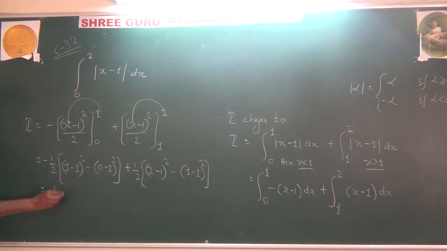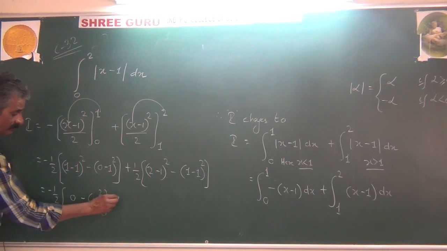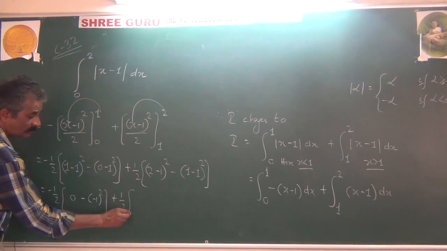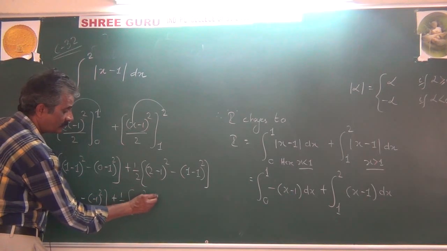Minus 1 by 2 into 1 minus 1, 0, 0 square, 0. 0 minus 1, minus 1 square. Plus 1 by 2 into 2 minus 1, 1 square. 1 minus 1, 0.